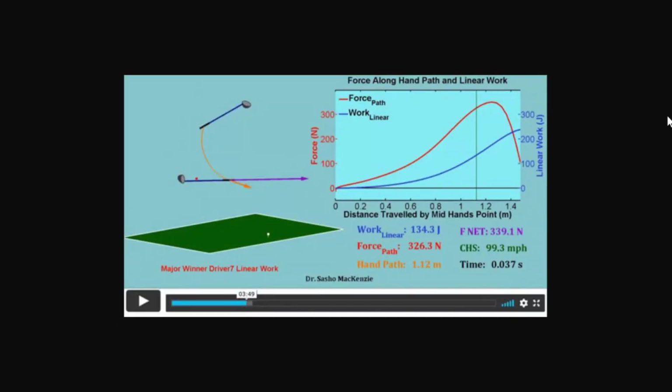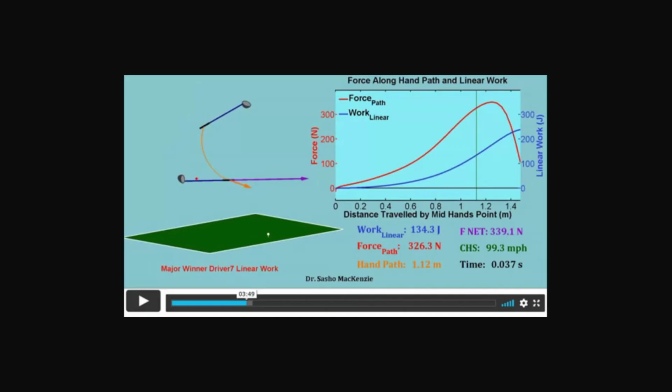So now things are going to get a little complicated because this comes from Sasha McKenzie, who's a renowned biomechanist. And what he did, he took a major winner who was performing a driver swing, and he obtained the 3D images of that golfer's golf swing action when swinging a driver.